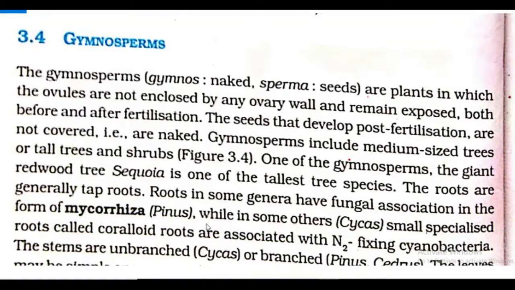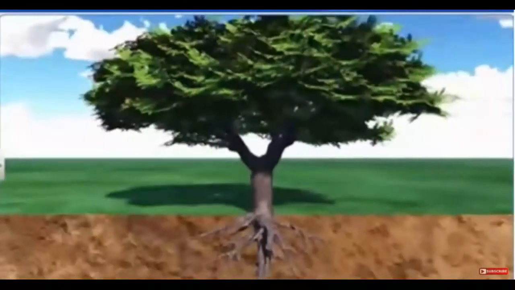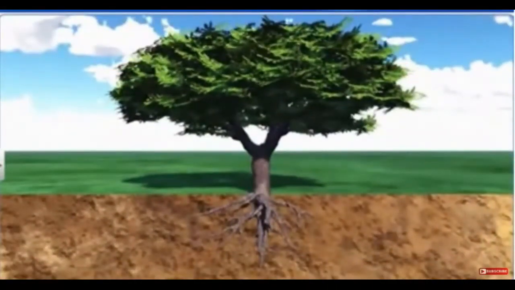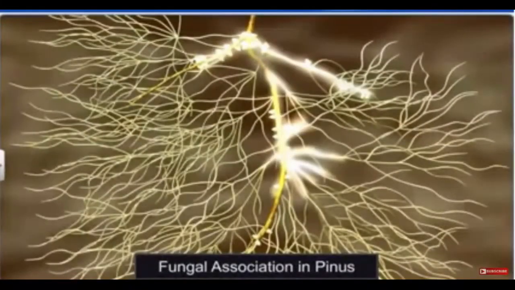In some others, for example in Cycas, small specialized roots called coralloid roots are associated with nitrogen fixing cyanobacteria. In the atmosphere nitrogen is present, but that cannot be absorbed by plants as such.